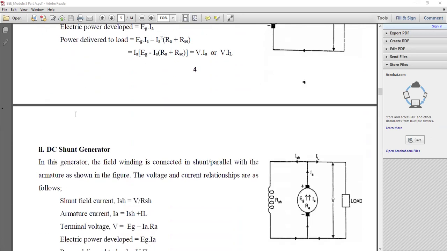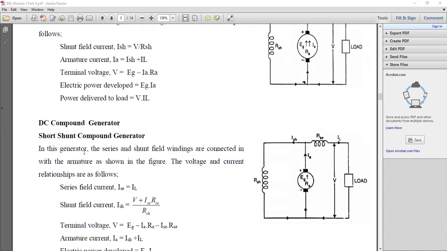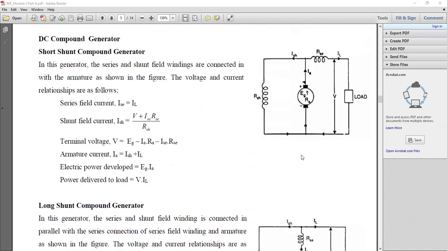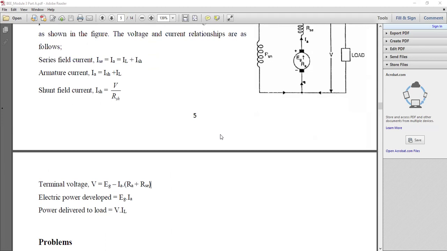We have DC series generator, DC shunt generator, and DC compound generator. The compound generator is divided into short shunt and long shunt. Apart from that, you can divide it into cumulative compound generator and differential compound generator based on flux addition and subtraction. So these are the classifications.